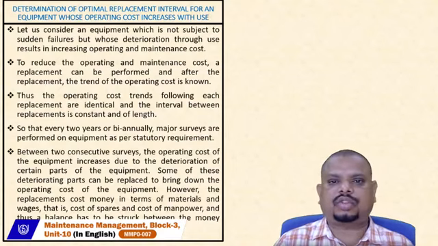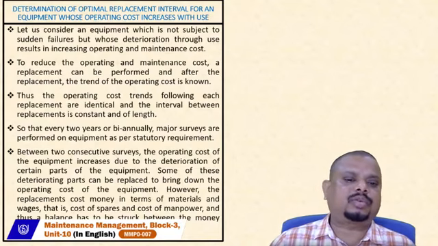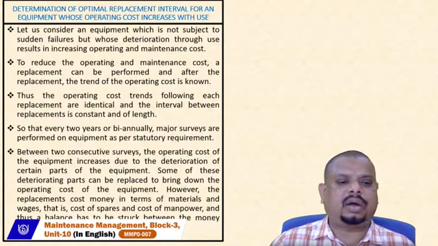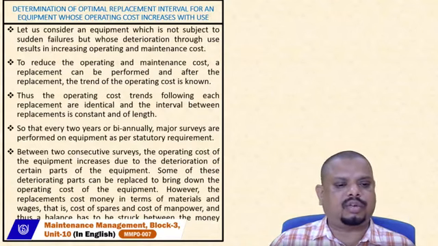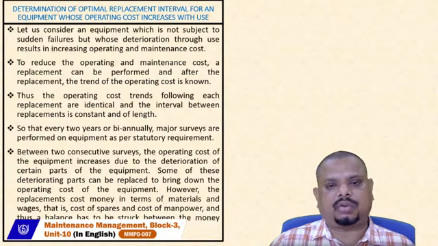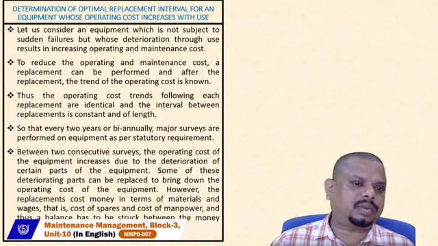Whenever you focus upon the operating cost trend, the costs following each replacement are identical, and the next important part is that the interval between replacements is constant. Every 2 years or annually, major surveys are performed on equipment as per statutory requirements by the maintenance management department, after taking prior approval from the top level of management.